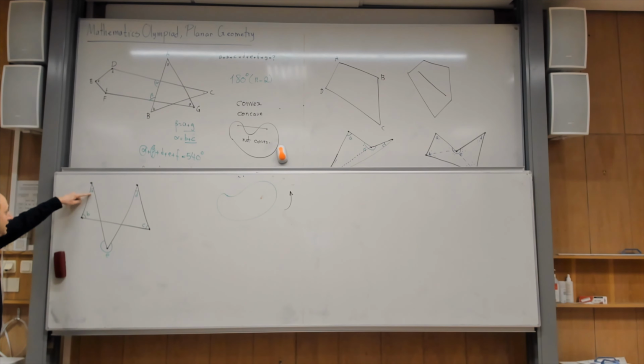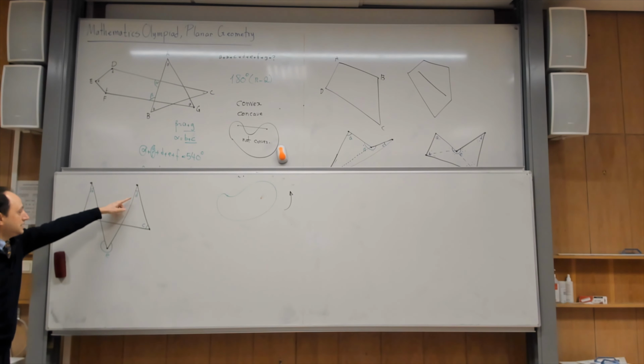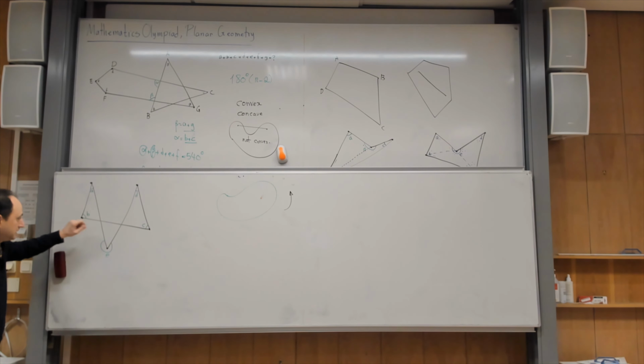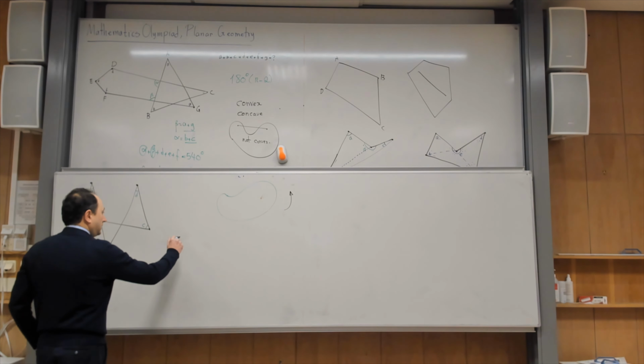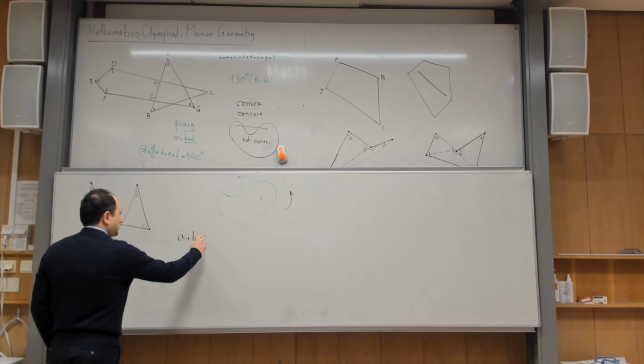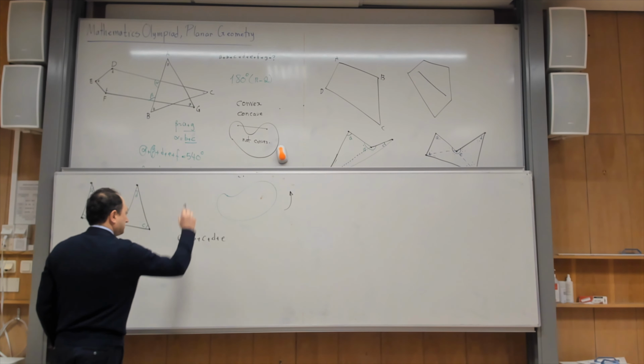I want to add A plus B plus C plus D plus that E to see if this is still 540. Do you have any idea how to do that? So we want to calculate A plus B plus C plus D plus E.